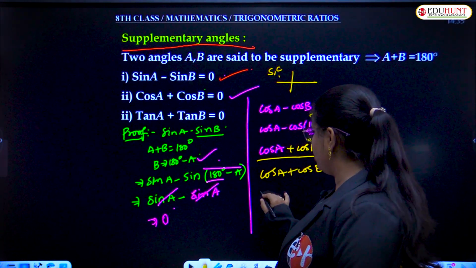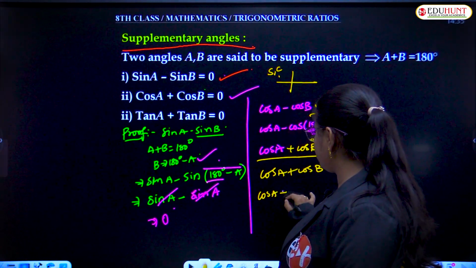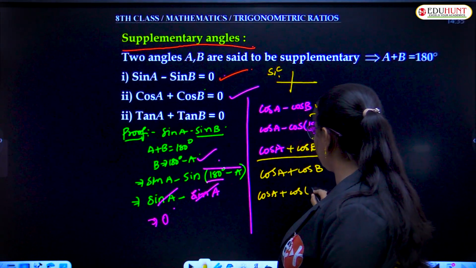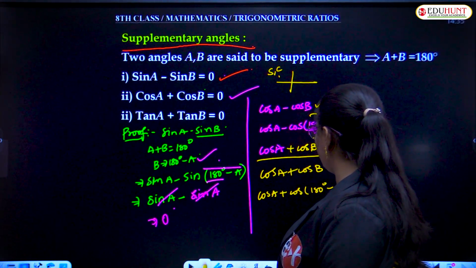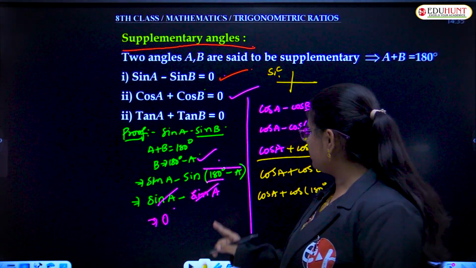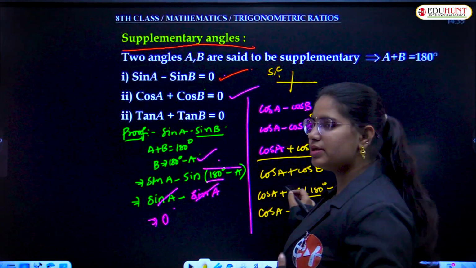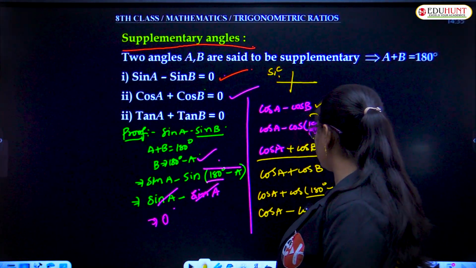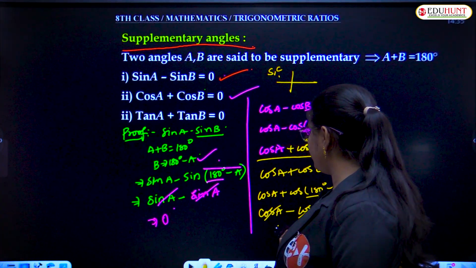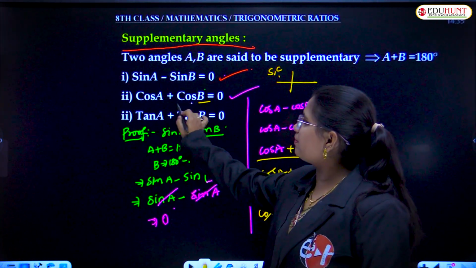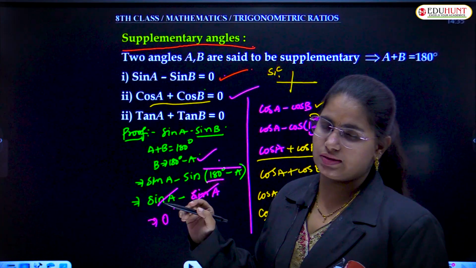Cos A plus, in the place of B, I substitute 180 degrees minus A. Cos of 180 minus A is in the second quadrant, so it will become minus cos A, and hence it will become 0. So you need to take plus instead of minus.